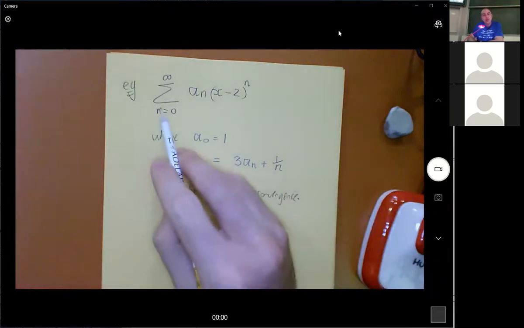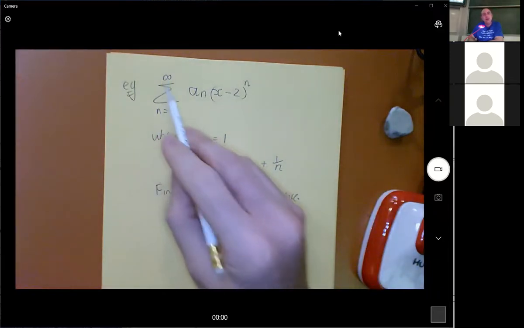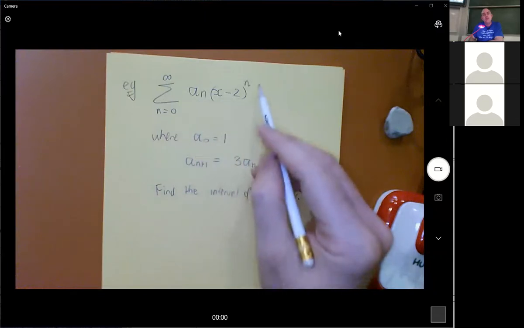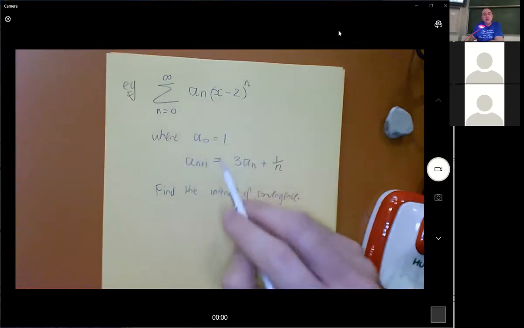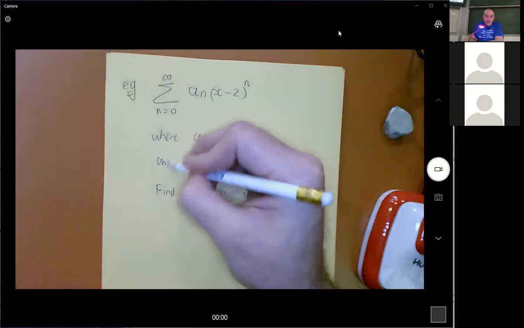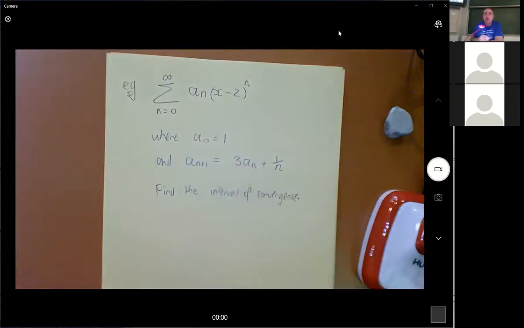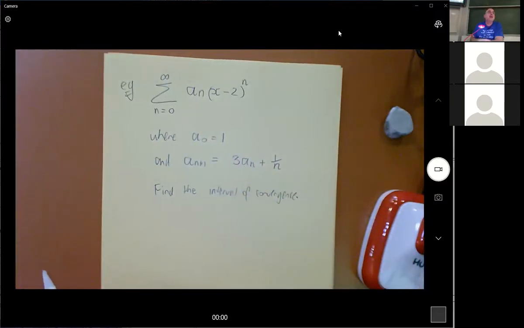So I have the sum from n equals 0 to infinity of an times (x minus 2) to the power of n, where a0 is 1 and an plus 1 is 3an plus 1 over n. This is a recurrence relation sort of way of doing something. So we have not been told at all what an is as a formula.